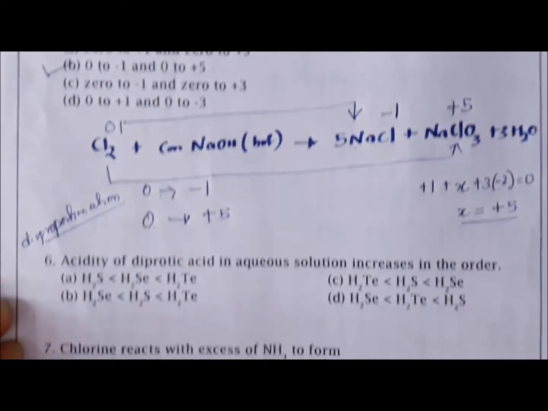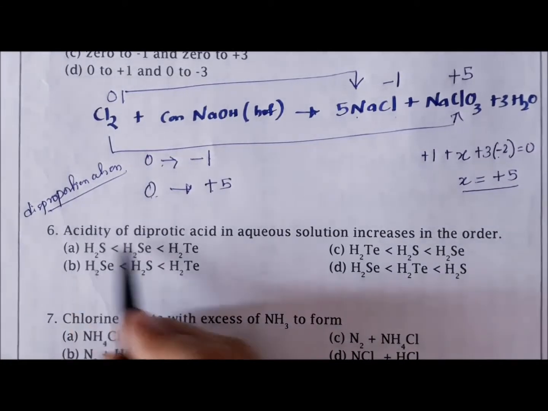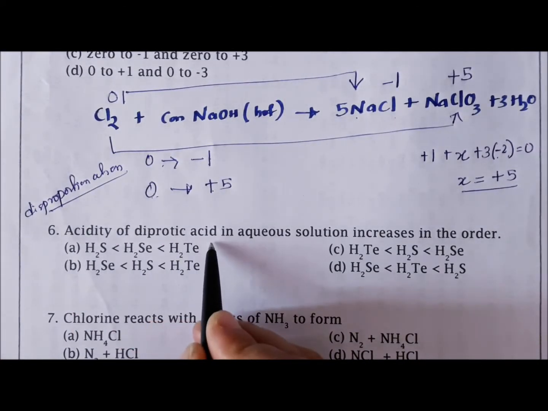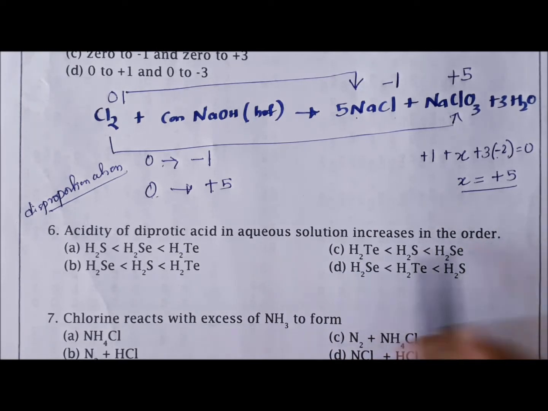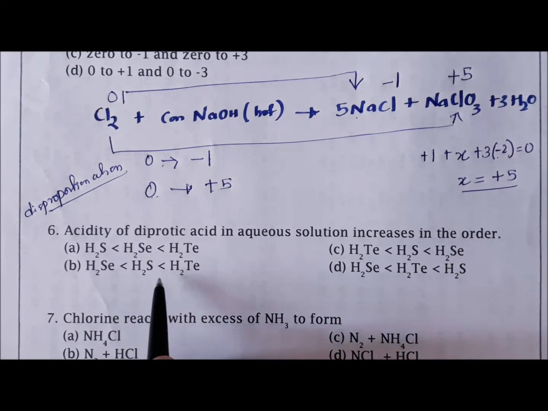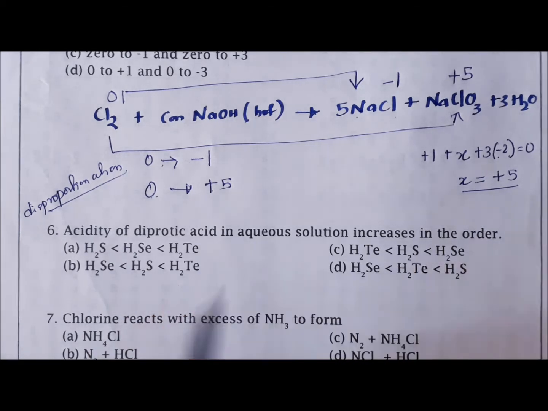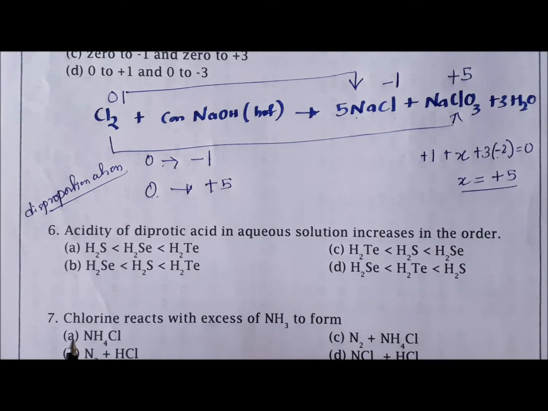Now moving to the next question. Acidity of diprotic acid in aqueous solution increases in the order. All these are hydrides of group 16 elements, right? On moving down the group, bond length increases because of the increase in the atomic size of the central atom, then bond strength decreases.